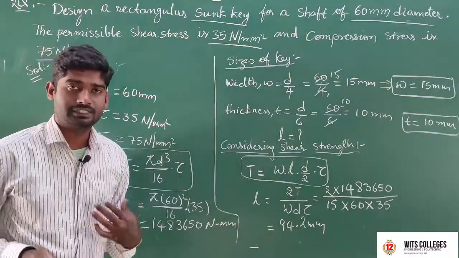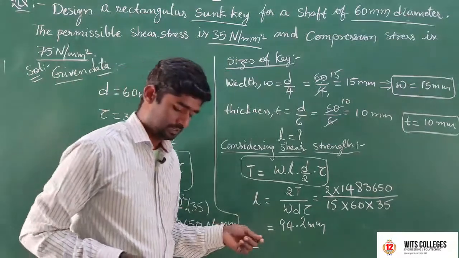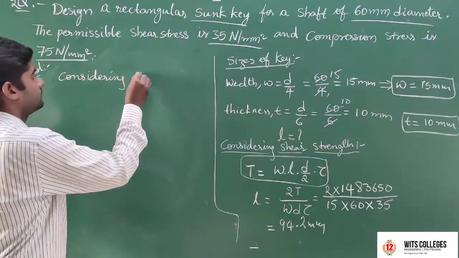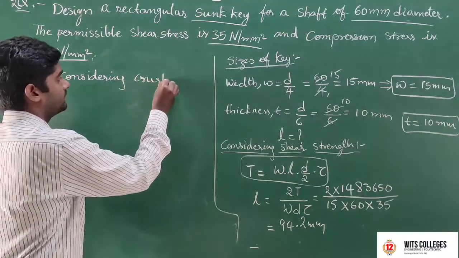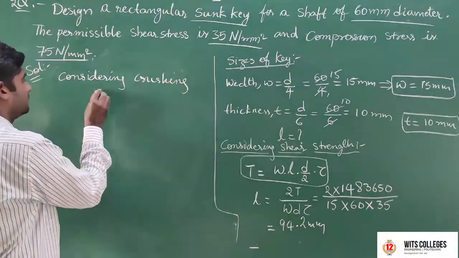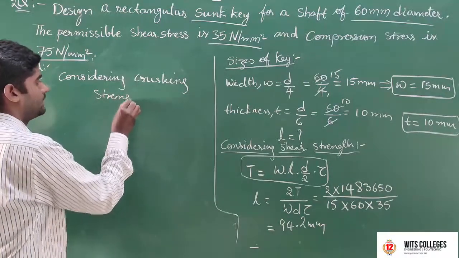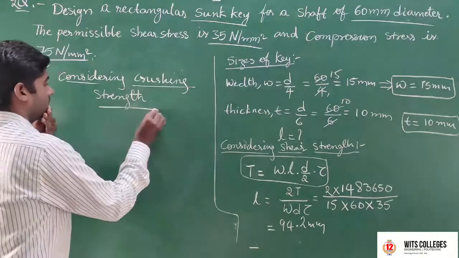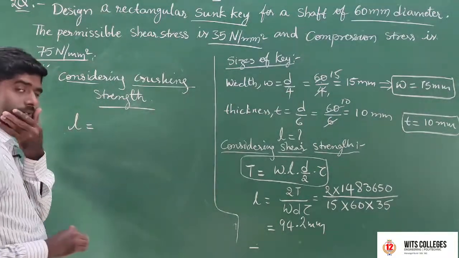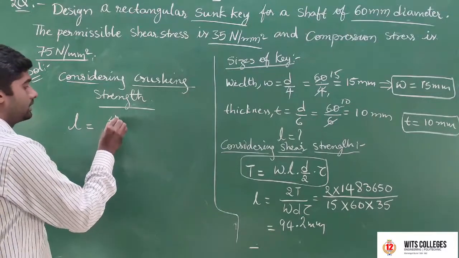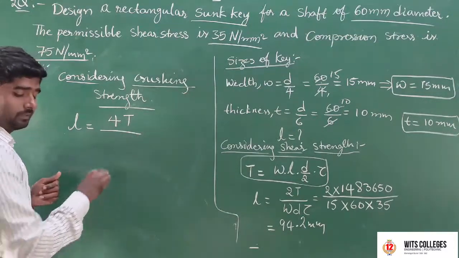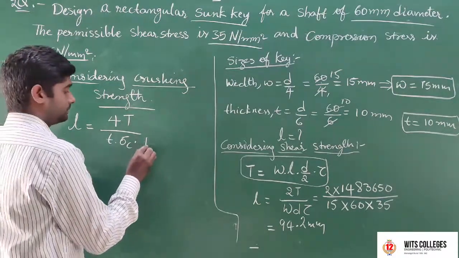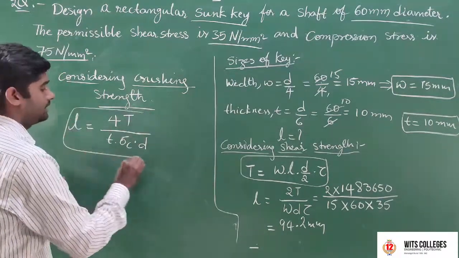Next, coming to considering crushing strength. Considering crushing strength, L is equal to the direct formula, L is equal to 4T by t into sigma C into D. Using this, find out L again.